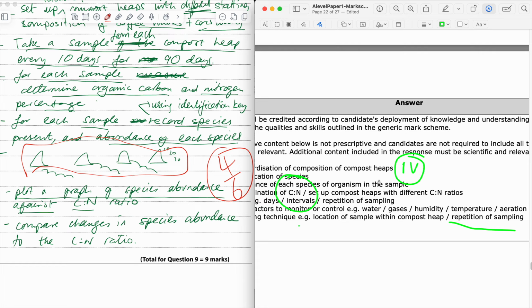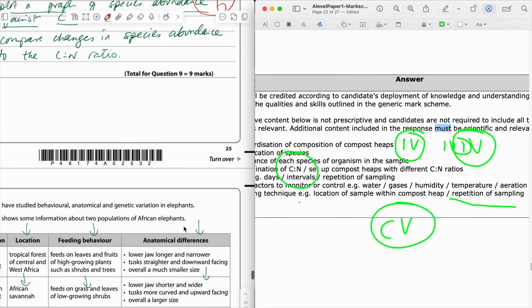Talk about what you're going to change and how you're going to change it. Talk about what it is that you're going to measure. Talk about your dependent variables, and don't forget to talk about your control variables, i.e., what you're going to keep the same. Okay, and let's simplify these questions for ourselves.